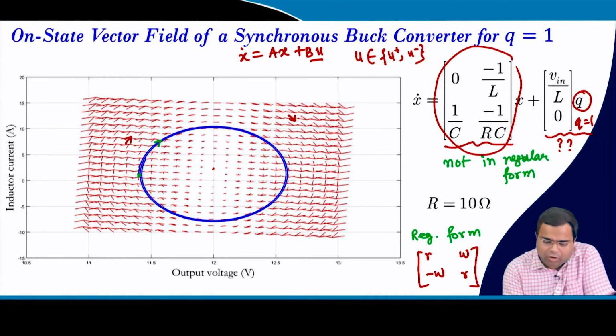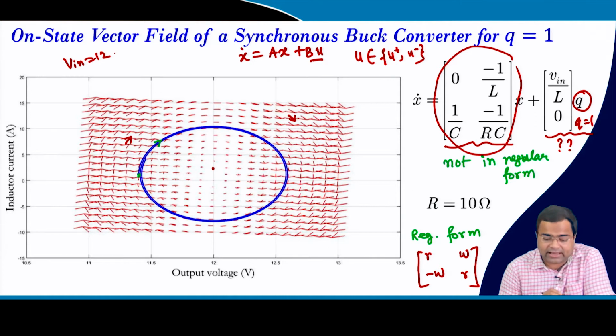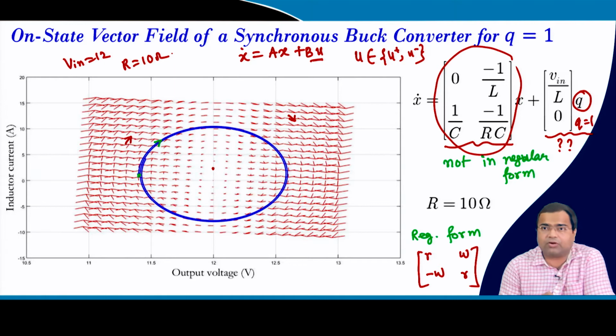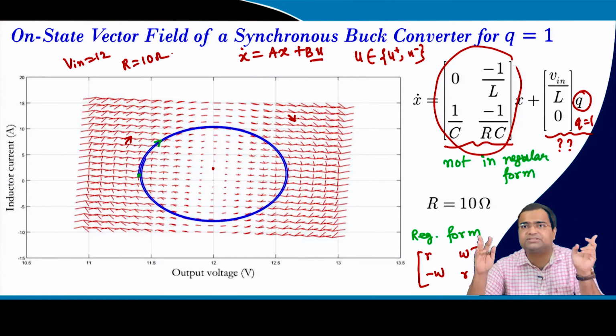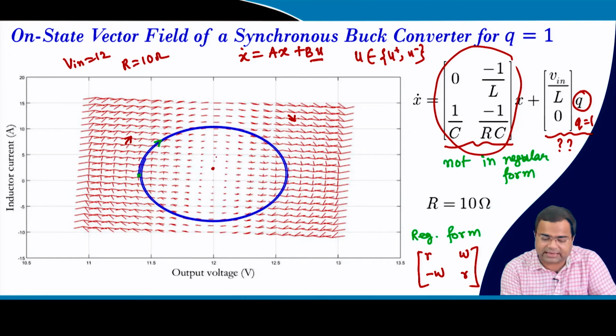And what is my operating point? The switch is on and I took the input voltage to be 12 volt, and I have taken R equal to 10 ohm. So, if you turn the switch fully on, the final steady state voltage will be equal to the input voltage, and that is exactly the 12 volt here.